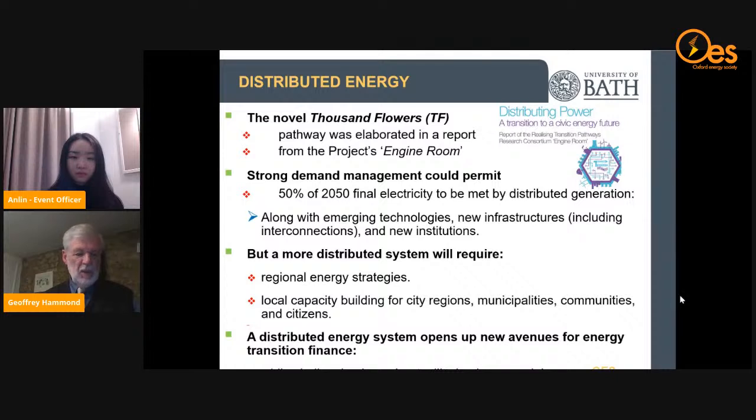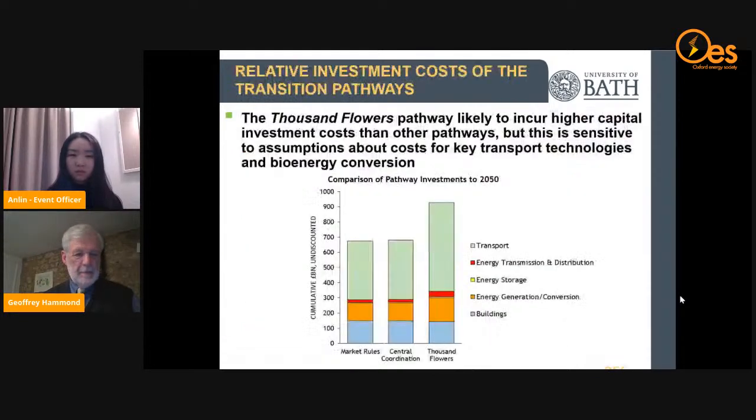And you would need new financial institutions in order to regulate this distributed system. It would require regional energy strategies, and it would rely on local capacity building in city regions, in municipalities, in communities, and amongst citizens. And it would also require new ways in which we could finance this transition. Next slide, please.